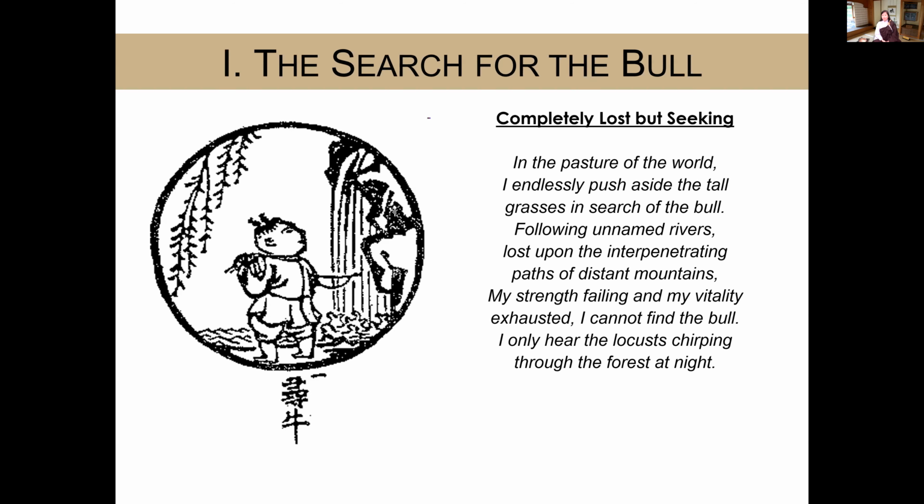So, "I only hear the locusts chirping through the forest at night." The locust is actually a cicada, an insect that makes really sad sounds during the summer in Asia. And this poetry alludes to the fact that our life is pretty sad, actually, because we're pretty lost as to our pursuits for happiness.